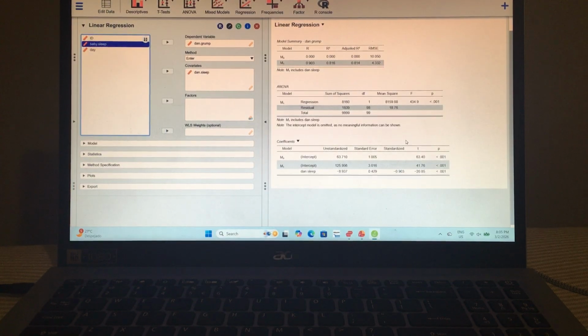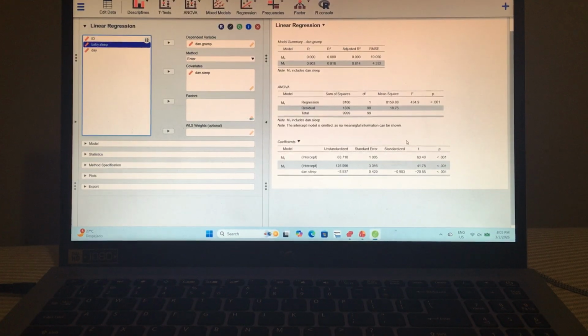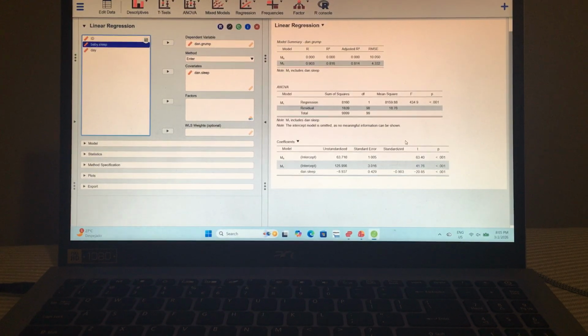So the test statistic is the negative 20.854, and the p-value is 0.001. The p-value is less than the standard 0.05 alpha level, so we will reject the null hypothesis. There is evidence that Danny's sleep can be used to predict Danny's grumpiness.